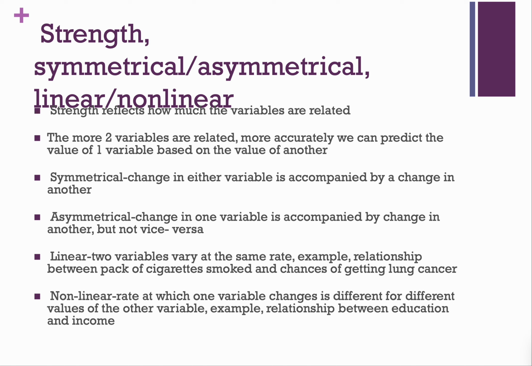No. There is only a maximum point at which it starts diminishing, and you can get one PhD or one master's education, and then that will only go so far to increase your income, but after that your income is not going to increase anymore.